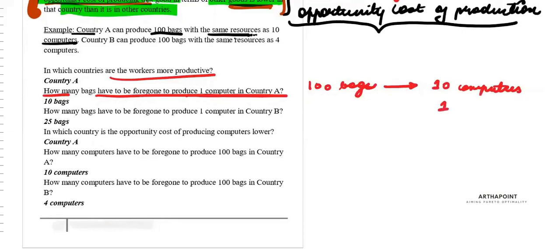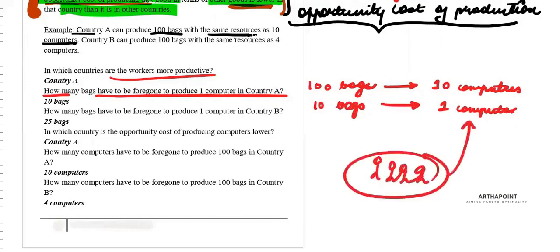So for every 1 computer, you are giving away how many bags? 10 bags. So either you put your labor and produce 1 computer from it, or you put your labor and produce 10 bags from it.